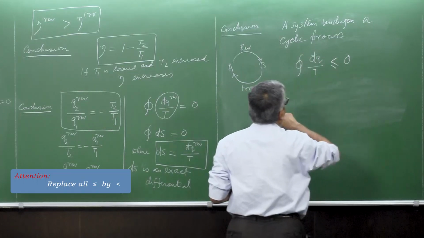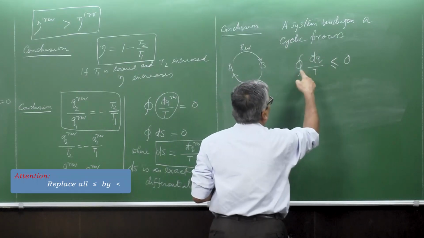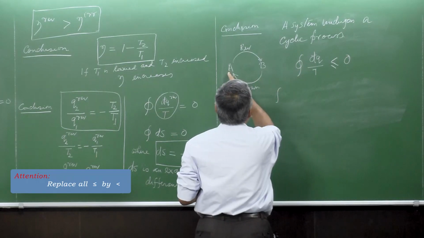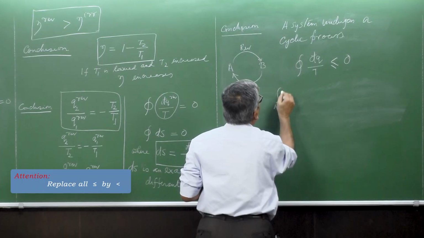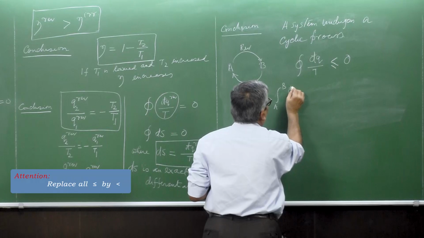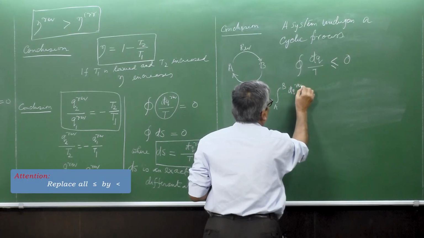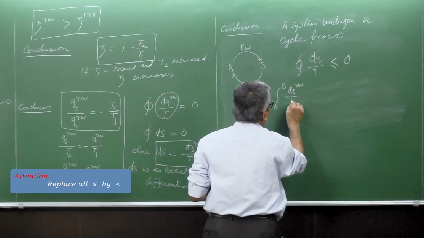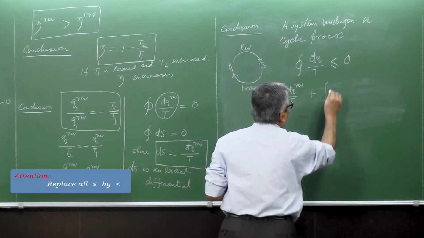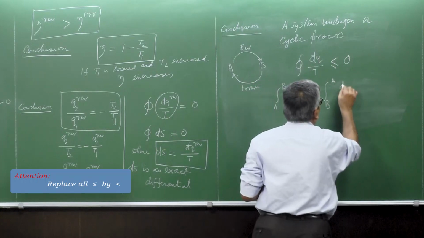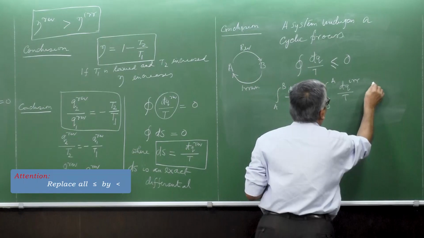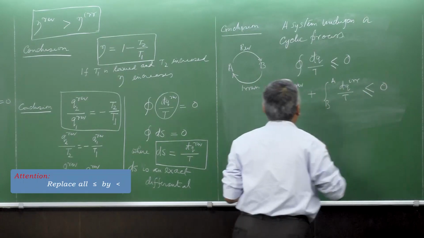If I break this cyclic integral so that I go from A to B, where dQ is taken reversibly by T, then from B to A, dQ irreversibly by T, that is less than or equal to 0.